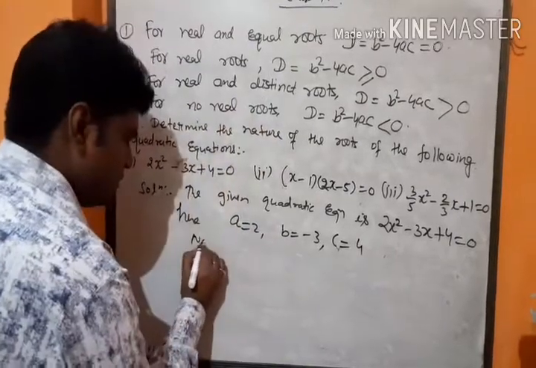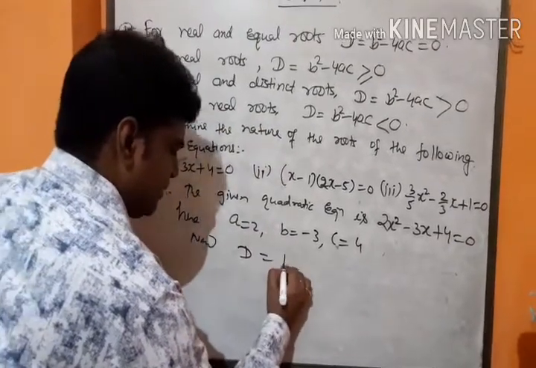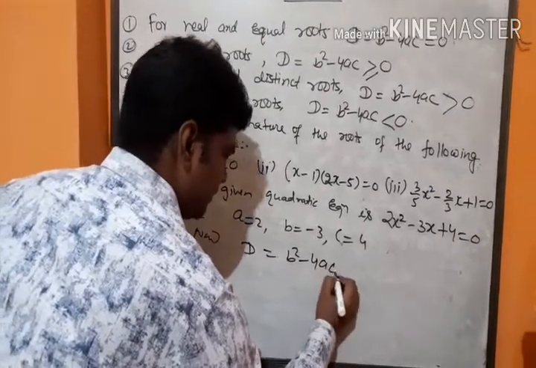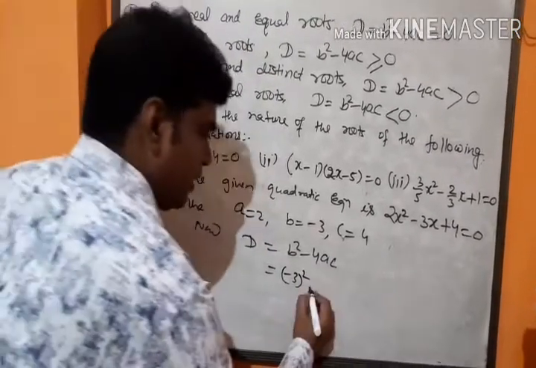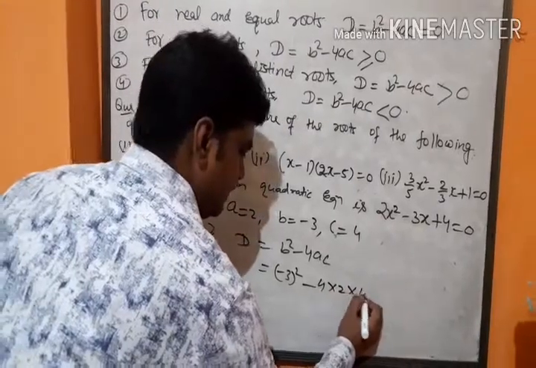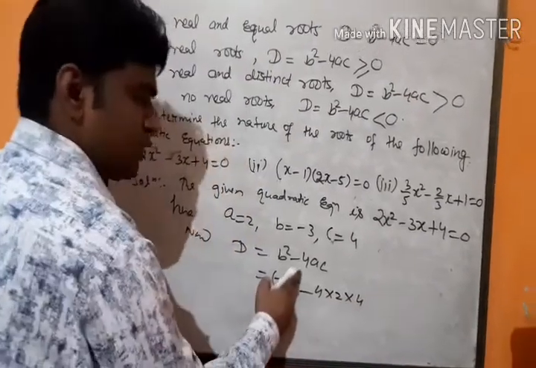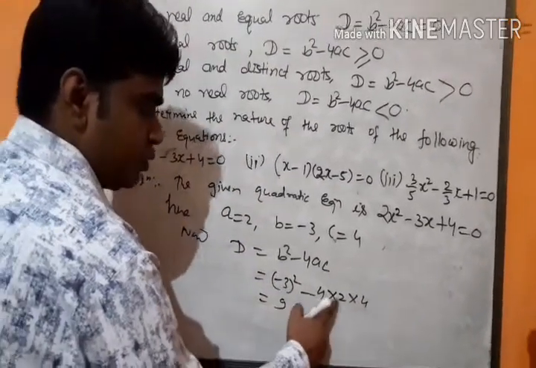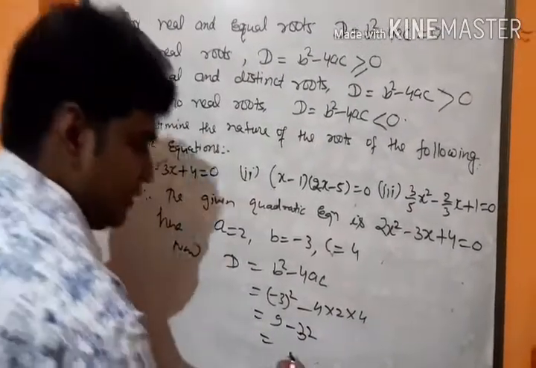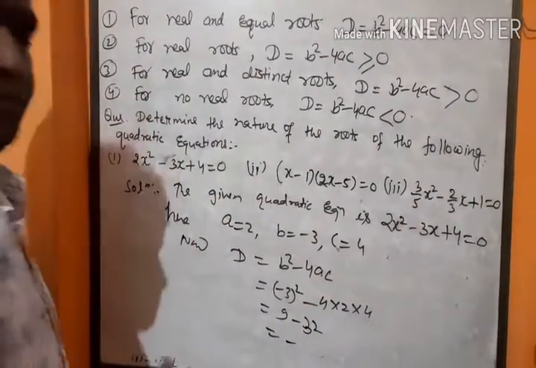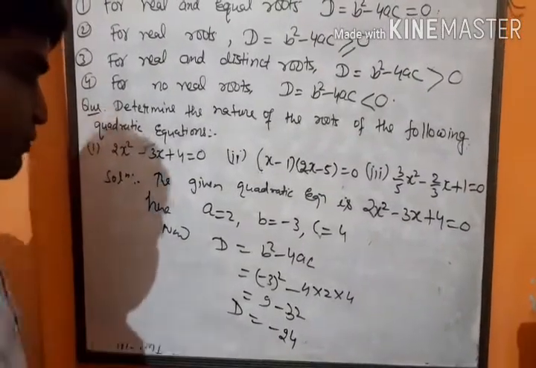Now D = b² − 4ac. B gives (−3)² minus 4 into 2 into 4, it gives 9 minus 32, it gives negative, D = −23.